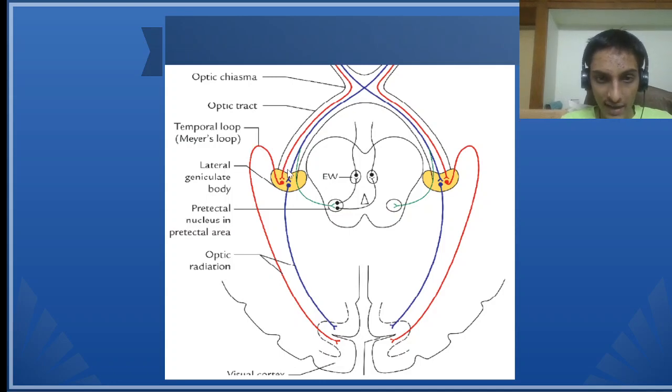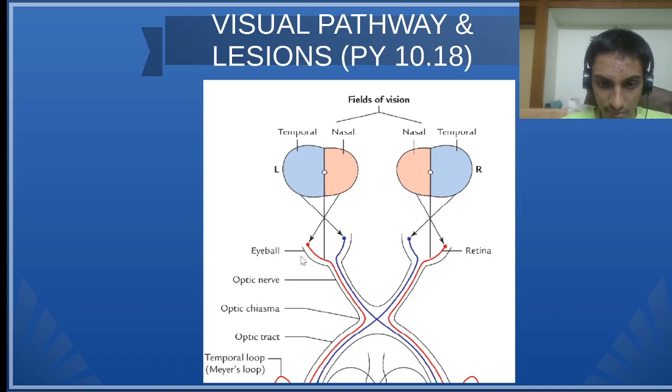And then this will enter the optic tract. Some of them will relay into the pretectal nucleus and then the Edinger-Westphal. So from the optic tract into the chiasma, then into the nerve and then into the eyeball, that is the retina, and the visual field will be created as you are seeing here.